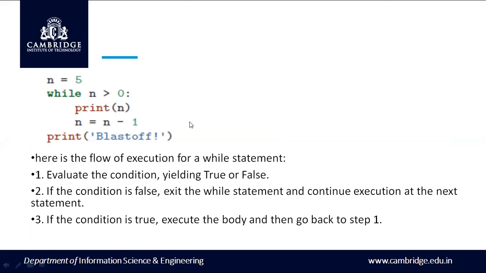Here is the flow of execution for a while statement. Evaluate the condition, yielding true or false. This condition will decide whether it has to enter the loop or not. If the condition is false, exit the while statement and continue execution at the next statement. If the condition is true, enter the body, execute the body and then go back to step 1.